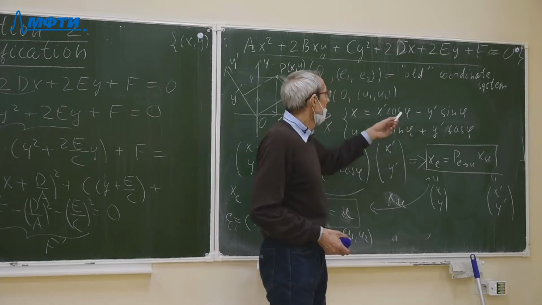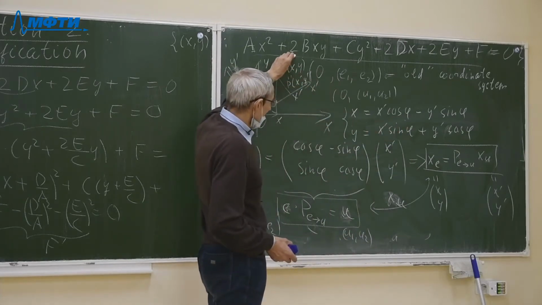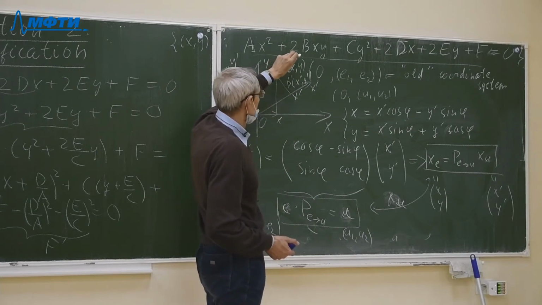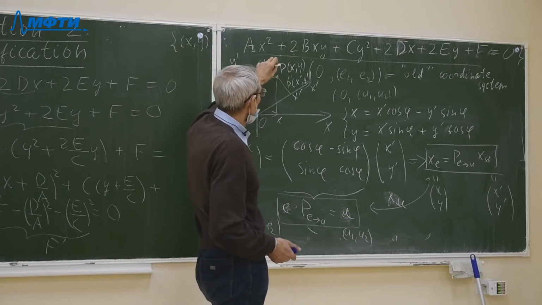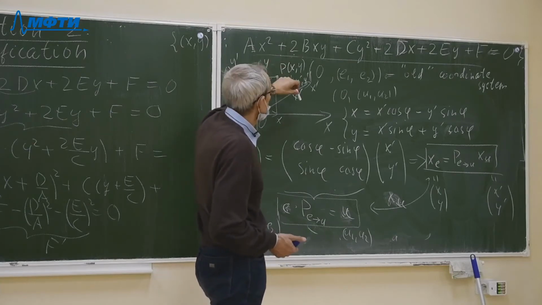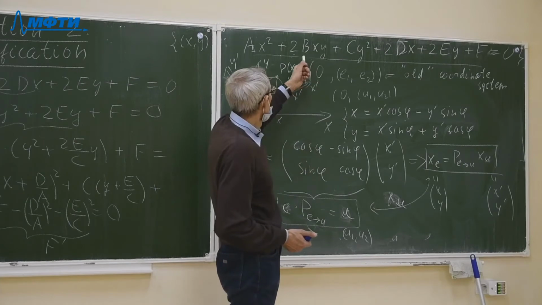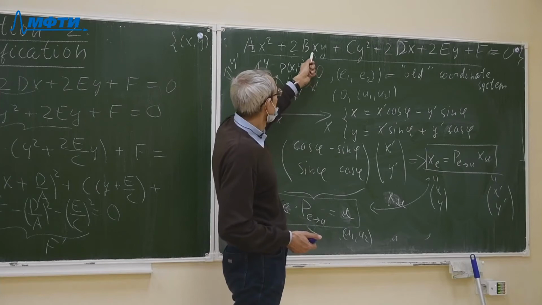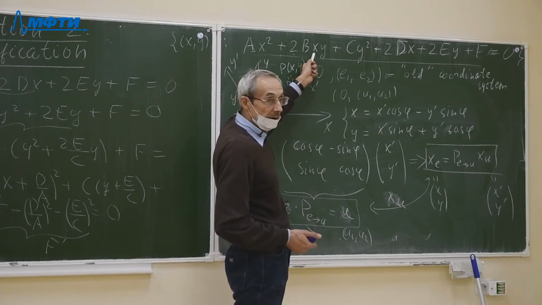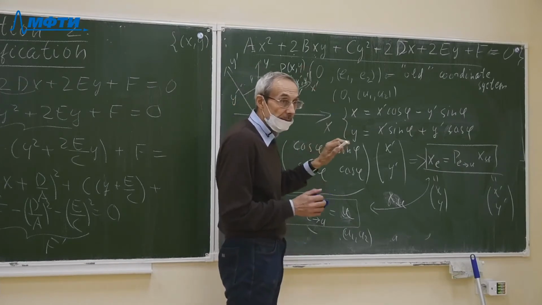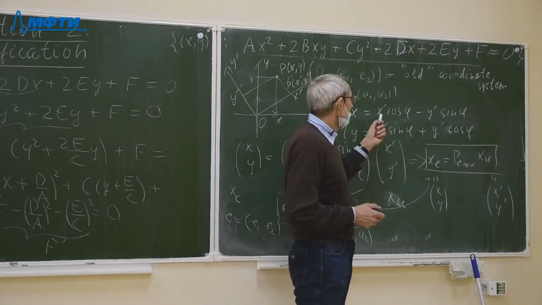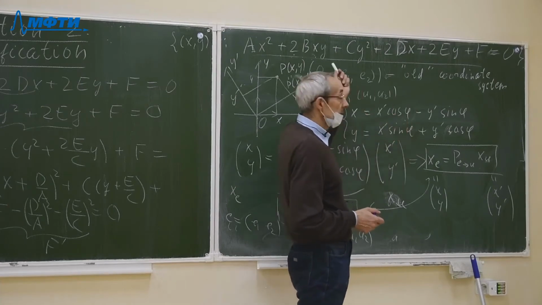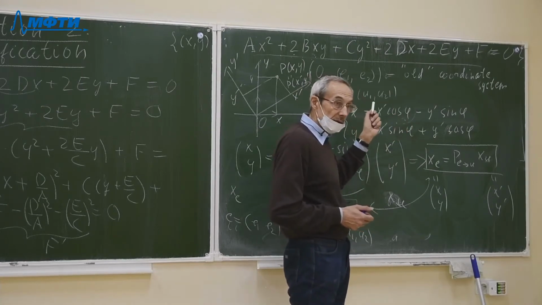So after the substituting and some transformation, we obtain that the new coefficient b prime, the coefficient of the product x prime and y prime, is equal to 0. This is our claim. We must choose this angle such that this new coefficient is equal to 0.